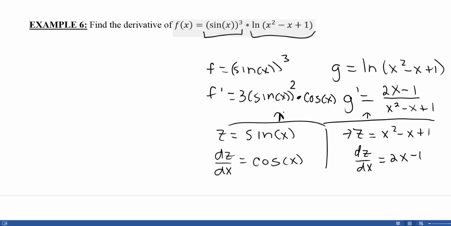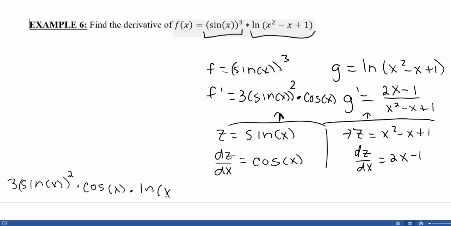So now, putting all of that together, I'm going to be multiplying f prime times g. So that is 3 sine of x squared times cosine of x times g, which is the natural log of x squared minus x plus 1, plus f times g prime.